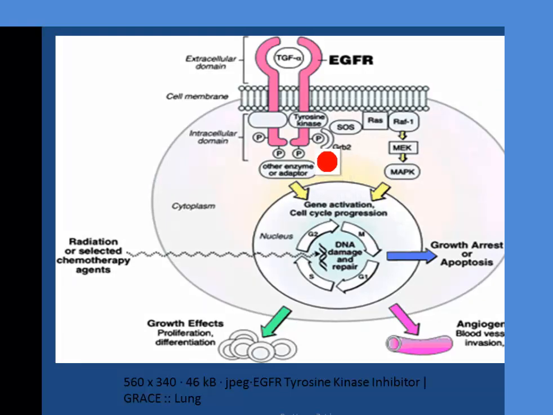You see the beauty of it? EGFR, epidermal growth factor receptor, coupled with tyrosine kinase. It's the same principle. Phosphorylation reactions at the genetic level will activate a series of proteins here. You can see all of those proteins here.